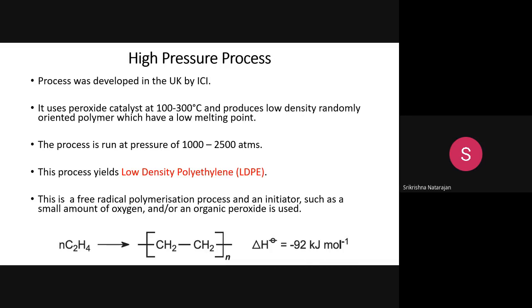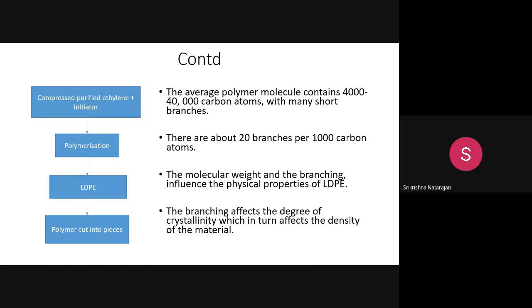Okay. And how do you do that? A detailed flow chart is easier to understand. You take the ethylene, which is the compressed purified ethylene, mix it with the initiator, and do the polymerization.